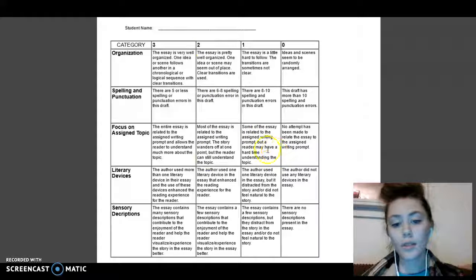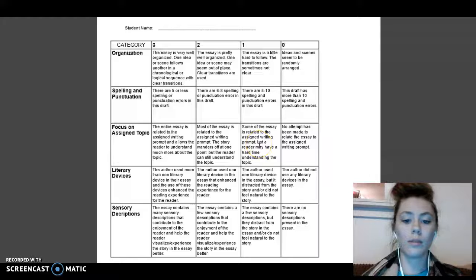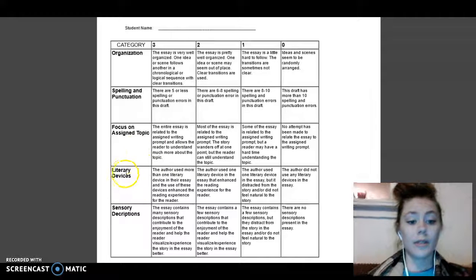If some of the essay is related, but the reader might still have a hard time kind of understanding what you're saying, that's 1 point. If the essay is just completely unrelated, nothing at all about the prompt, that's no points. So I feel like this is pretty easy points to earn if you just really read the prompt and just do what it says.